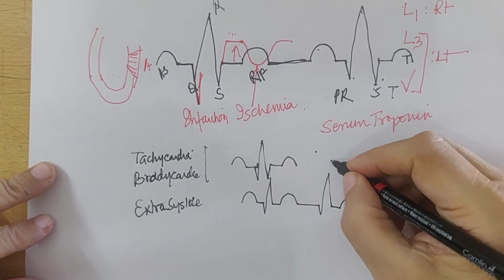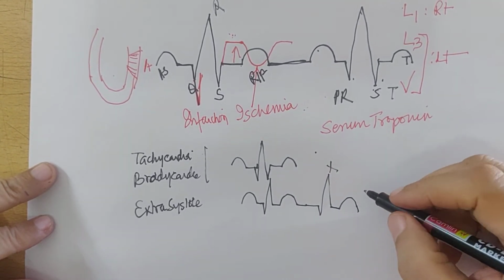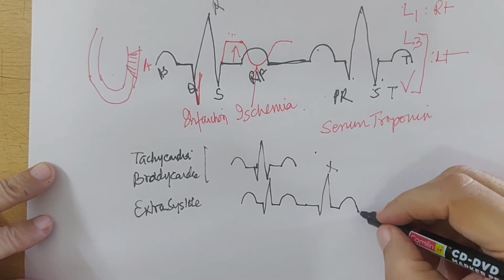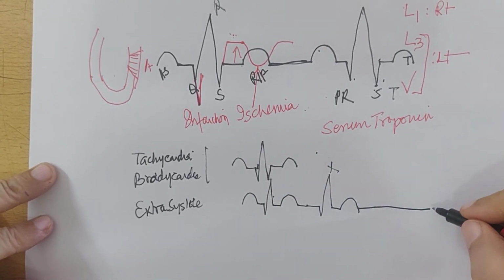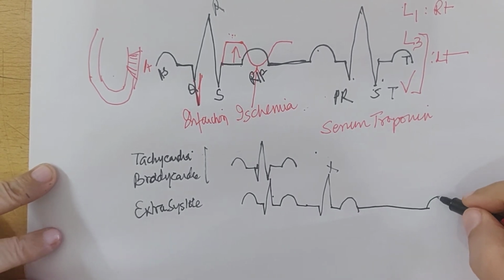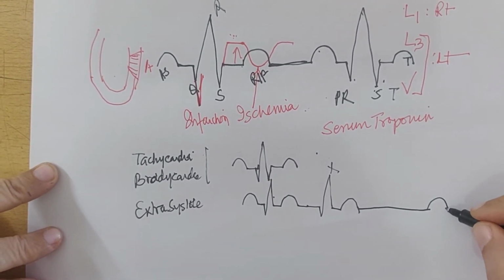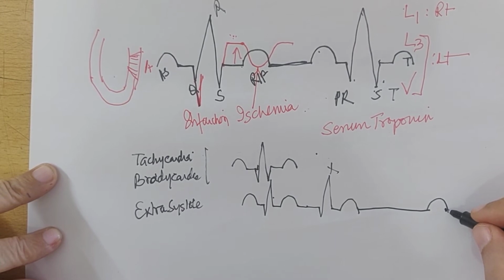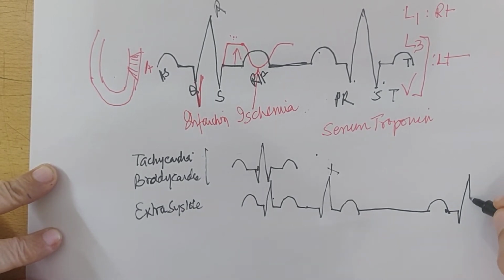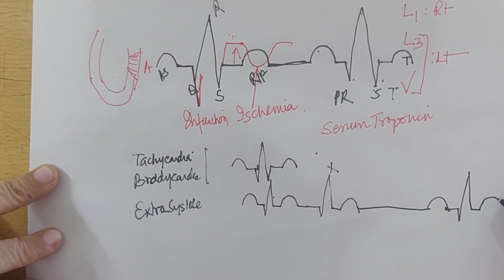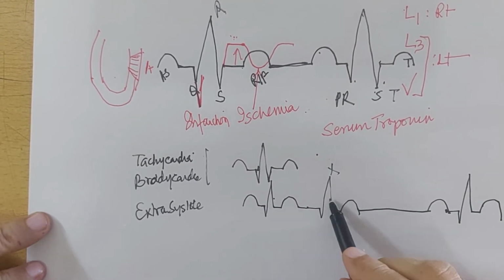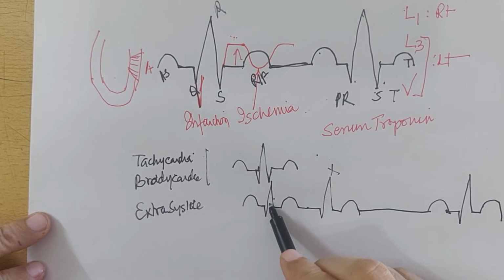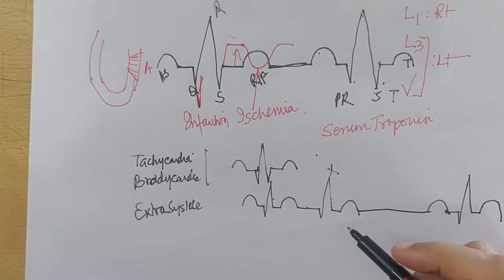That means this complex has come without atrial systole, and that's why this is called extrasystole. Then you have to wait more, you may miss this normal beat, and then you will get a normal beat. So this is an extrasystole, and if it starts coming, it leads to a regularly irregular pulse.